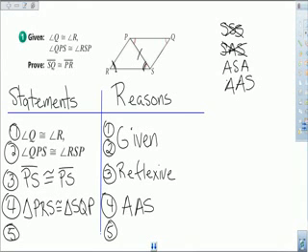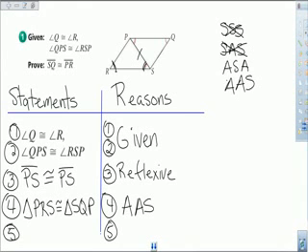Okay, so I have angle Q congruent to angle R, angle QPS congruent to angle RST, and these are given. And I want to show that SQ is congruent to PR. Let's get that.